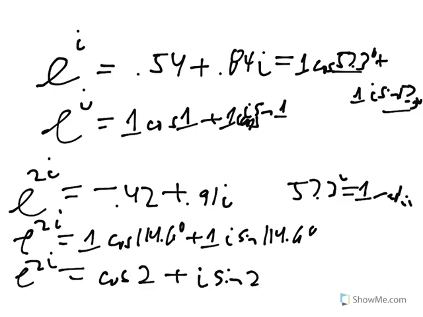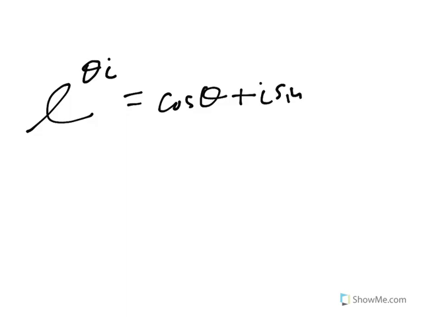And this leads us to the general rule that e to the theta i will always equal cosine theta plus i sine theta.